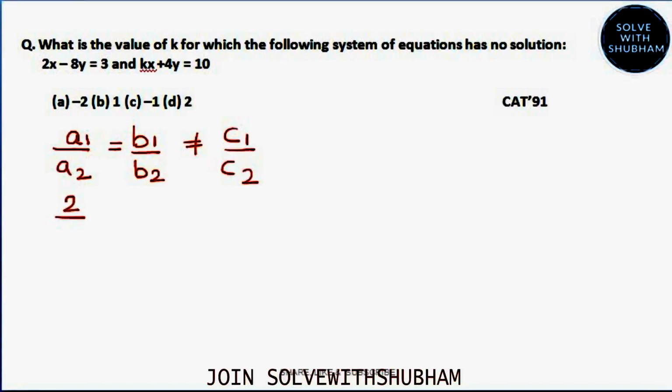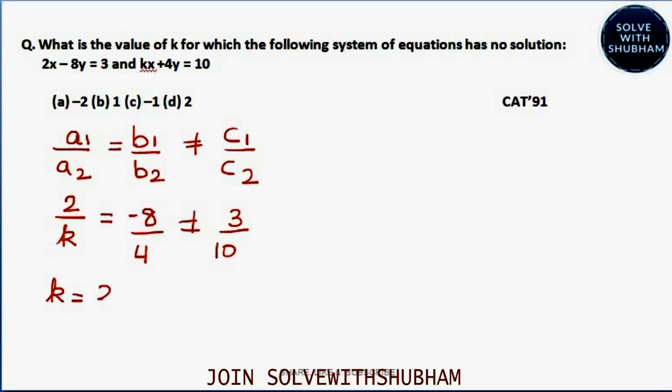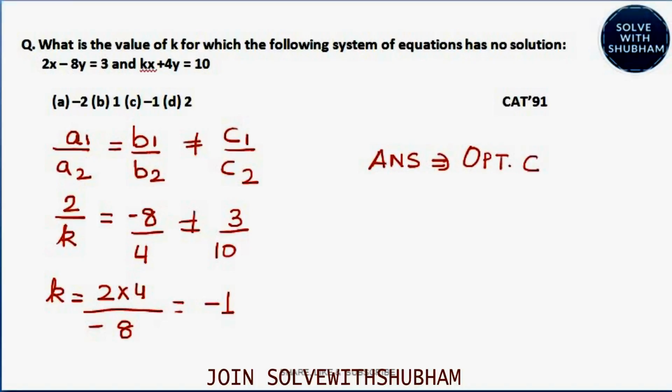So it is 2 by k, a1 by a2, equal to minus 8 by 4. It should not be equal to 3 by 10. So k comes as 2 into 4 by minus 8, which comes as minus 1. So our answer has to be option C, minus 1.